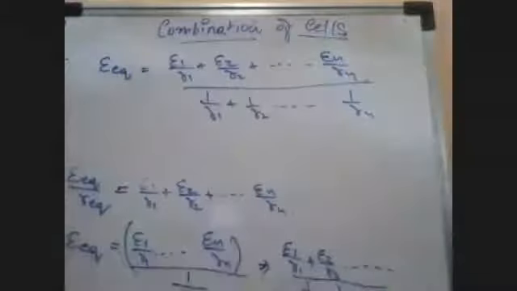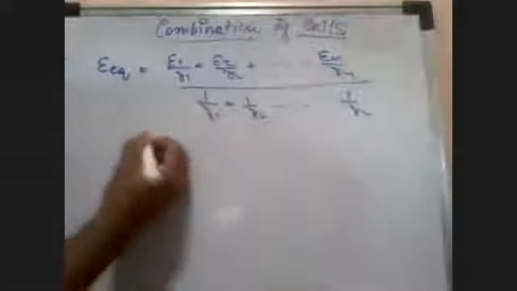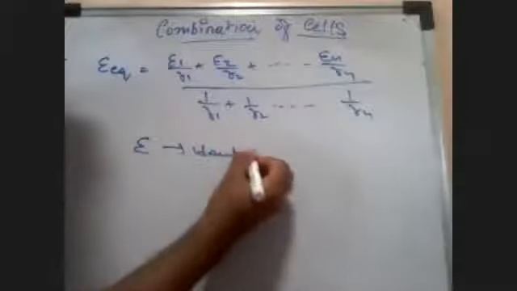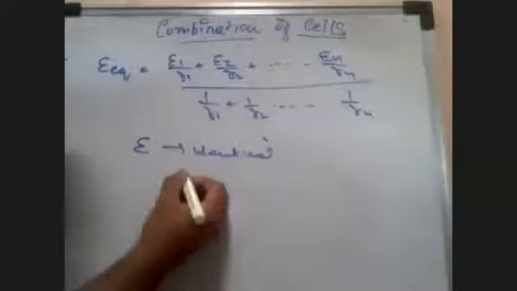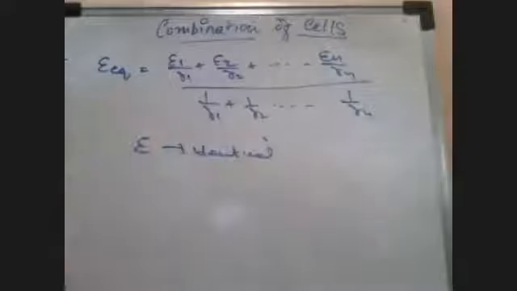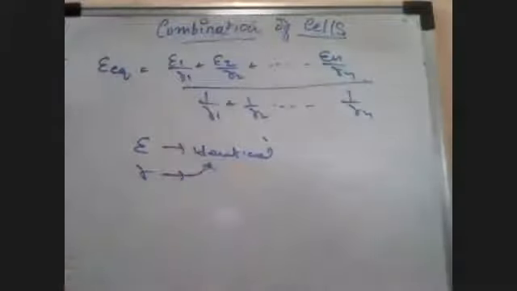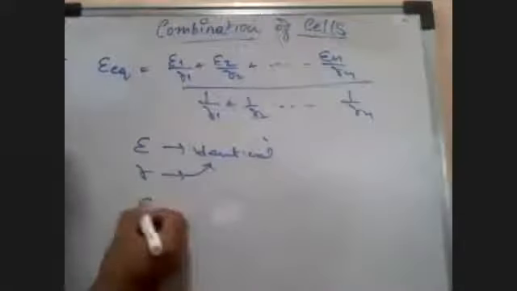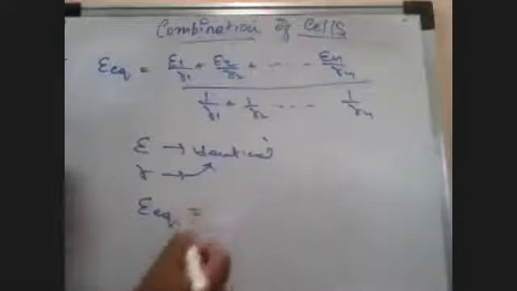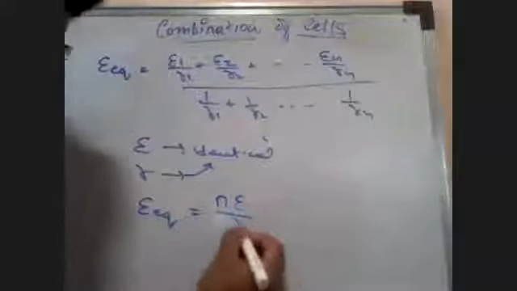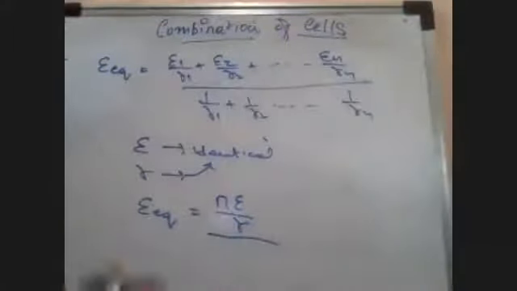If I have got this, and finally I say that epsilon are all identical, and also R is identical, then I can write epsilon equivalent as n times epsilon upon R, upon, how will we write?